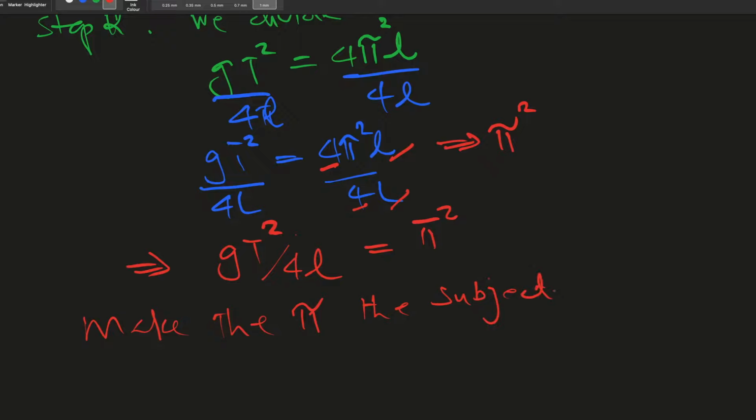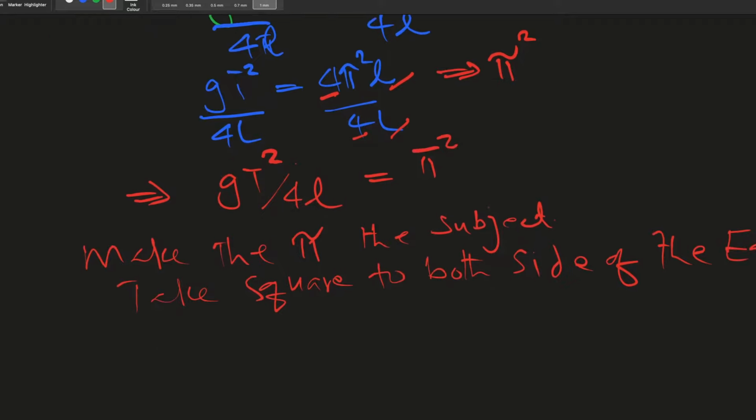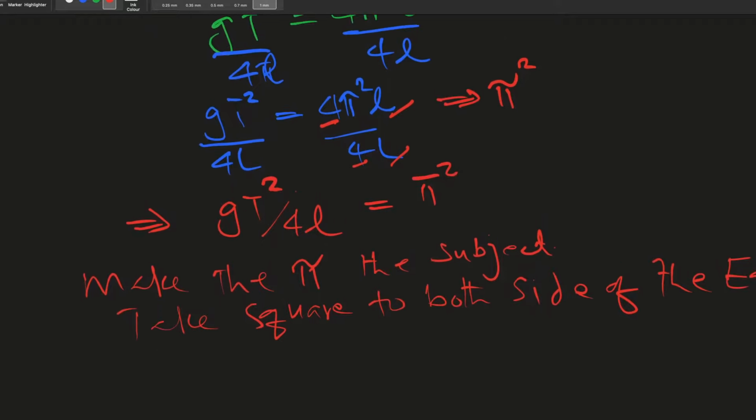So what do we do? We take the square root to both sides of the equation. So we have G T squared over 4L equals pi squared.